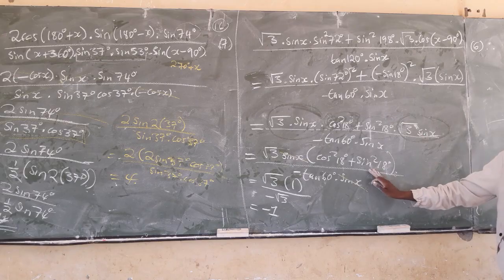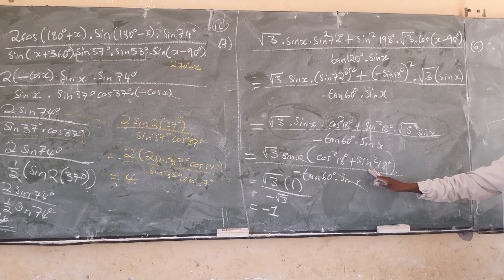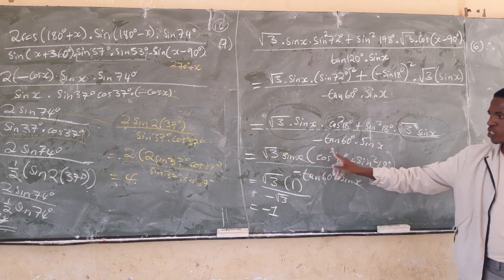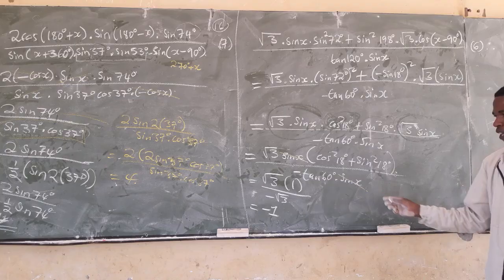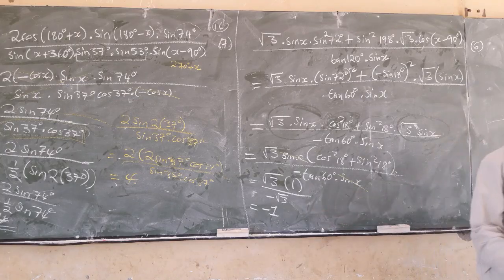That's why it's inside the bracket. Because if I multiply again, I will get the same. That's how to take common factor. When you take out common factor, we do it like that. Is there any question?